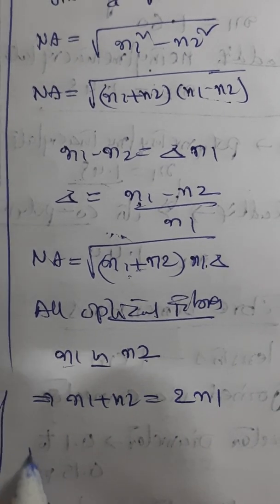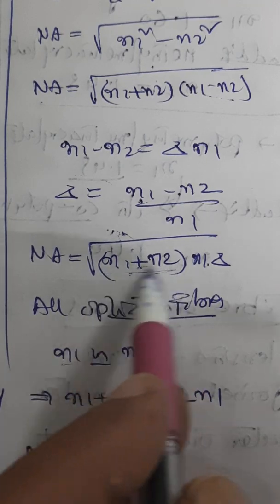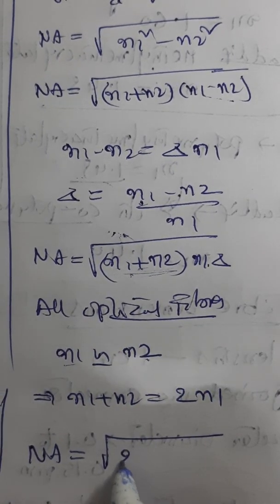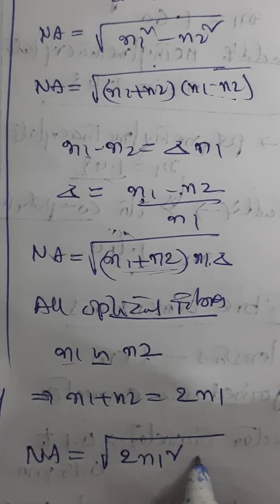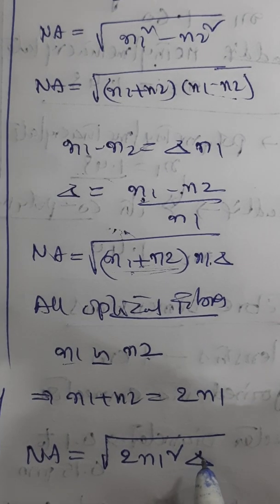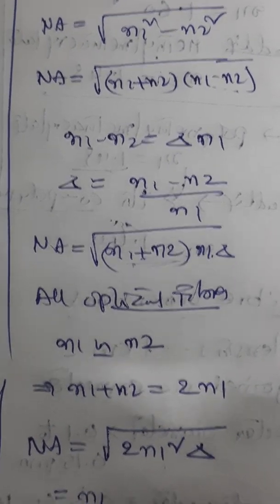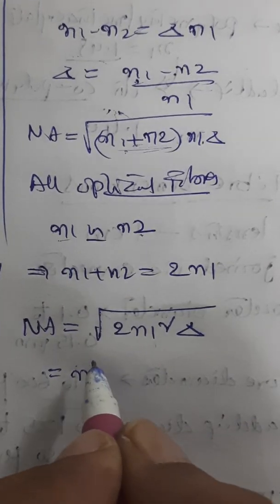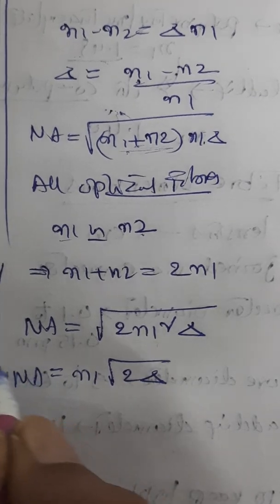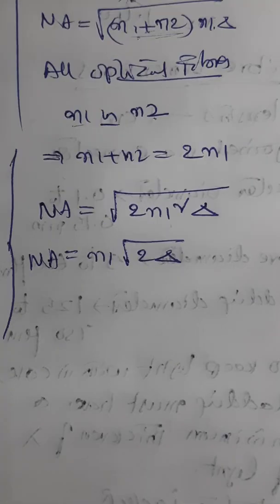Therefore, you can write the numerical aperture as square root of 2n1 square delta. So you can take n1 outside, square root of 2 delta. This is the expression for numerical aperture.